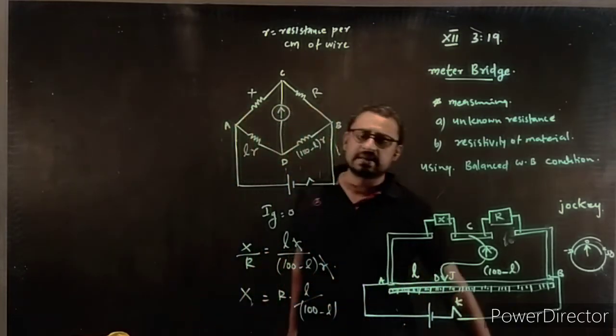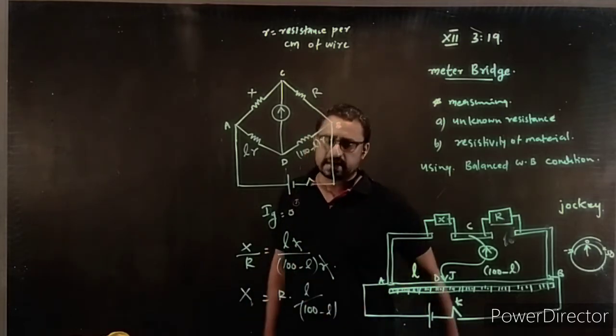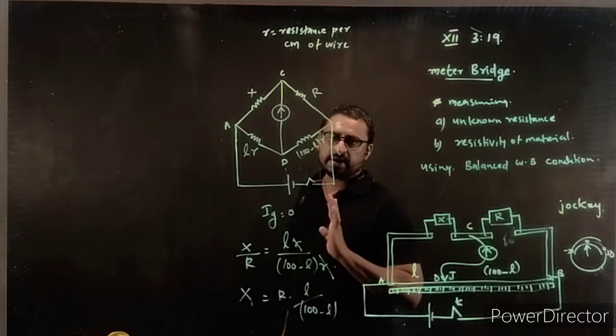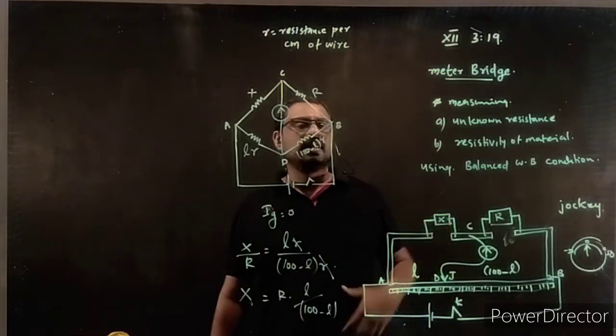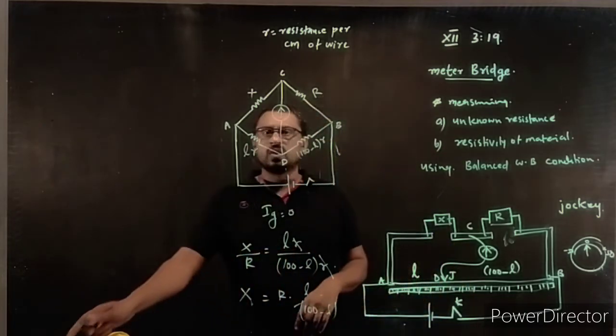The unknown resistance X equals the known resistance R into the measured length divided by (100 minus L). So we measured the value of the unknown resistance. That's the first application.